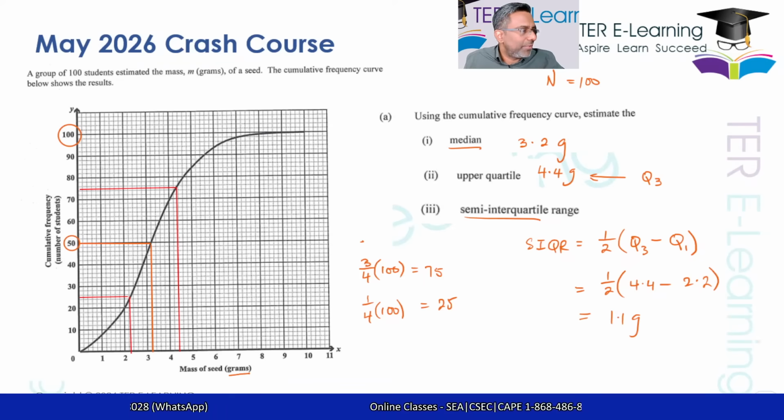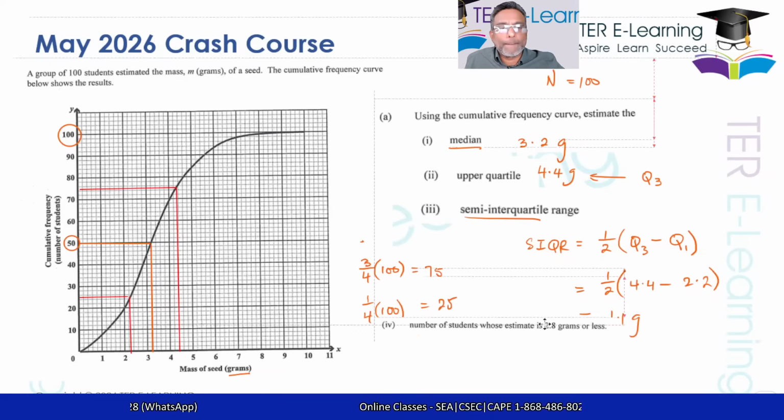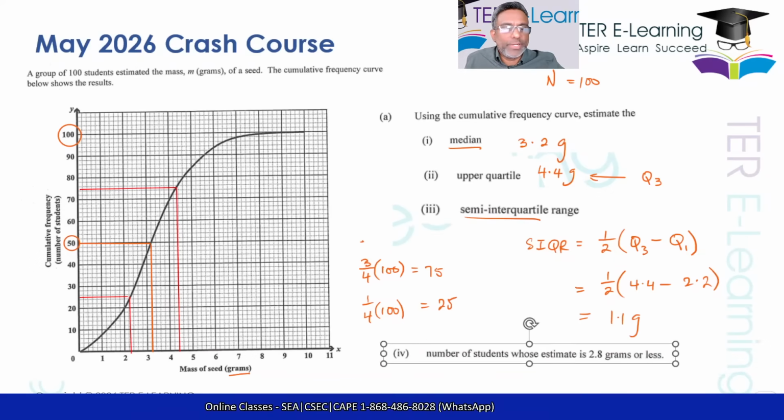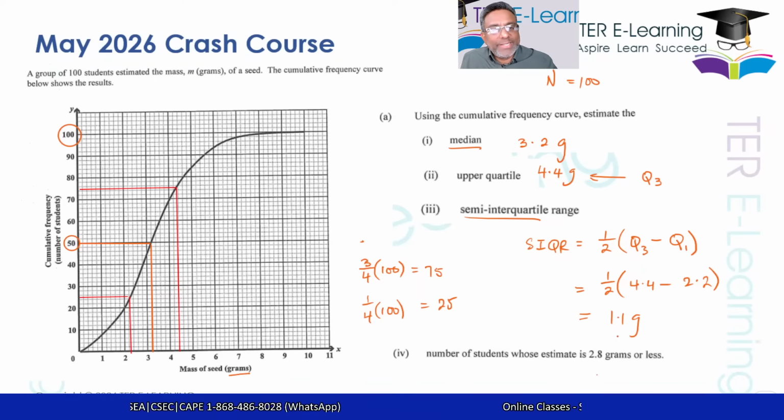Now, the last thing they have here, part 4, they want you to determine the number of students whose estimate is 2.8 grams or less. When it comes to a cumulative frequency curve, the curve only gives us less than information.